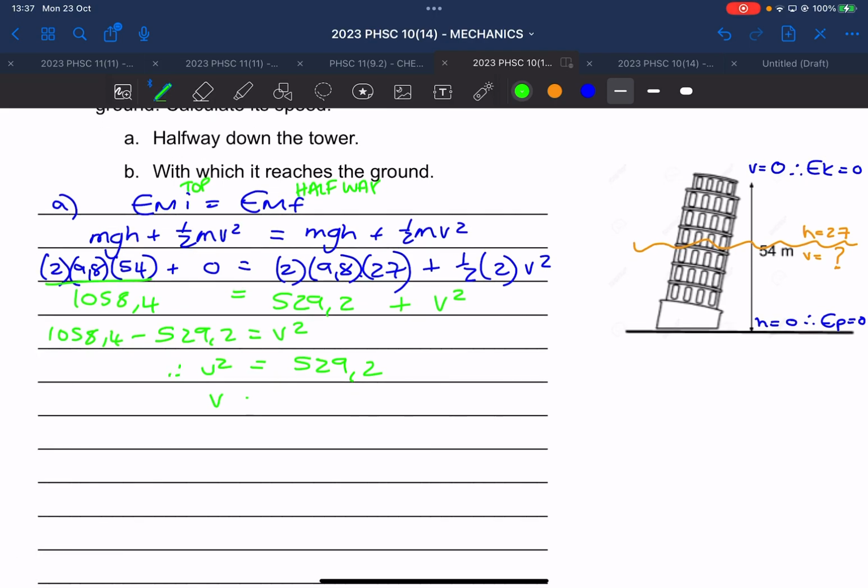And then to get v, what are you going to do? 23 in your unit. Meters per second. Did I answer your question how to do it? You can do it now in a test.